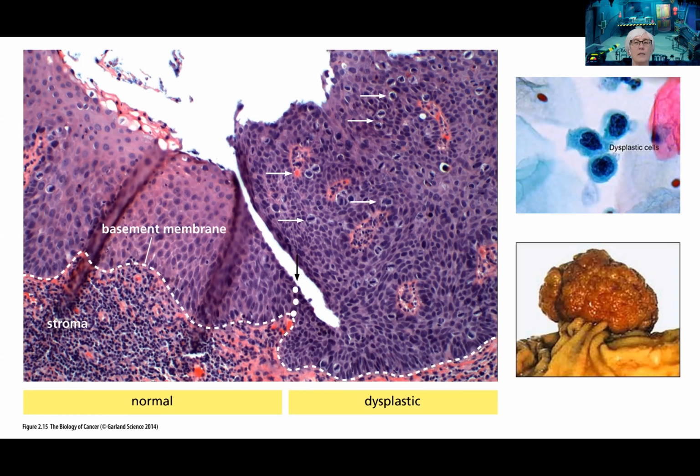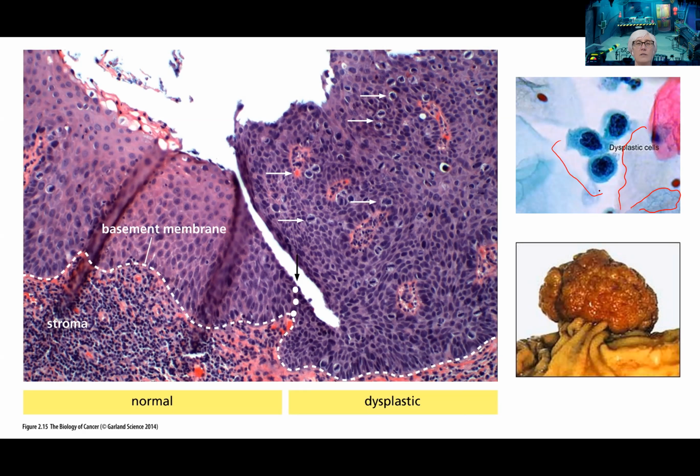This would be something that would be removed upon colonoscopy. Above that, we see an example of a Pap smear, and we see normal looking cells, and here's the nucleus of a normal looking cell. And here's the cell, and then the edge of the cell. And then we see some dysplastic cells in the center of this image.